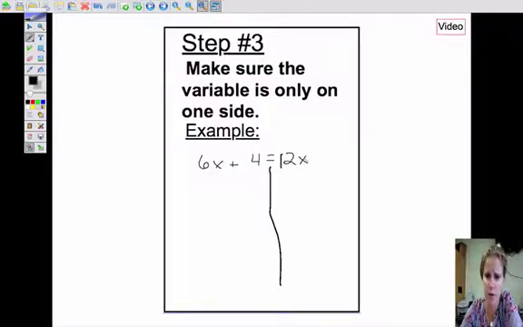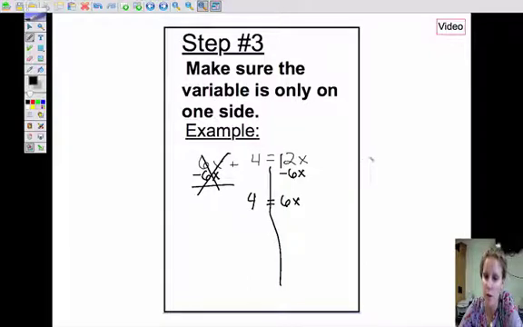So we either have to move 12x or 6x. We use the rule that you get rid of the smaller one. So I'm going to subtract 6x from both sides. And then 6x minus 6x equals 0. So those just cancel. We have 4 left, and then 12x minus 6x is a remainder of 6x.